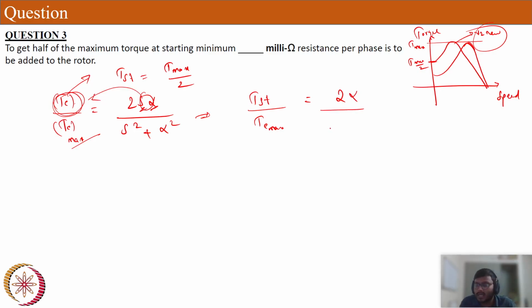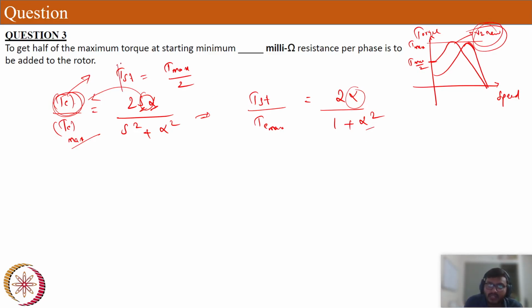So I am substituting S is equal to 1 here, 1 square plus alpha square, right? From here, we have to calculate the alpha first, then only we can get anything related to R2, the main question. So how can we calculate alpha from here?